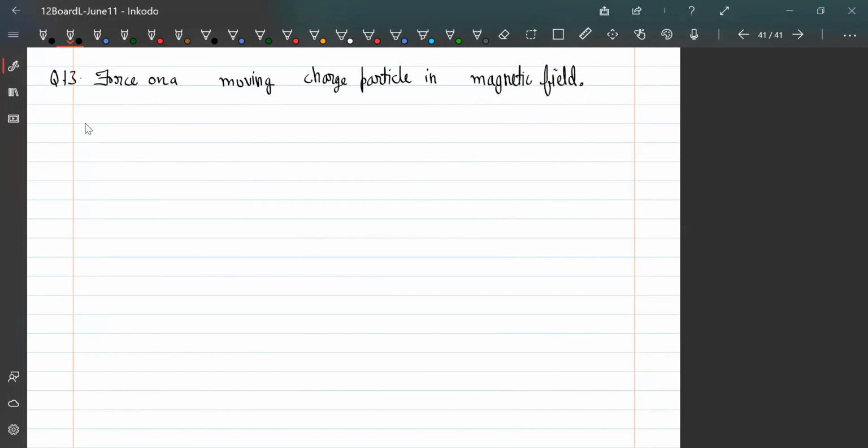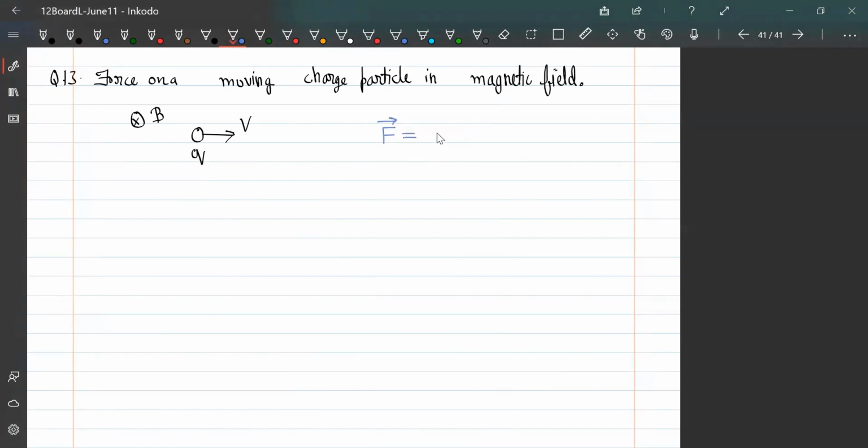Apurva, tell me the answer for this. कोई चार्ज है, इसका स्पीड v है and the magnetic field in the region is B. Charge इसका q है, so what will be the force on it? Nishita has given the answer already.